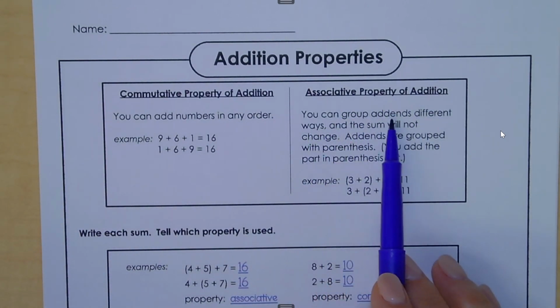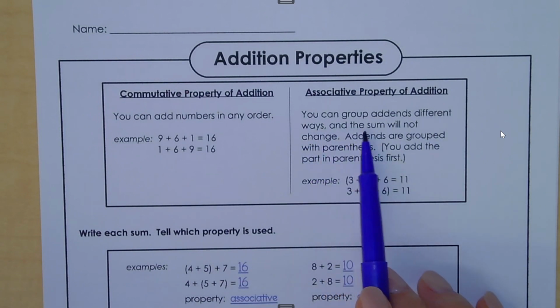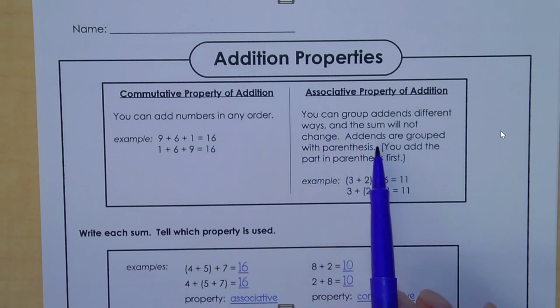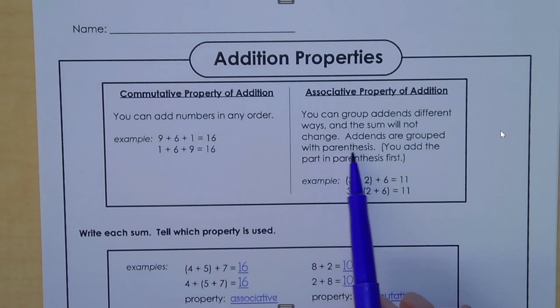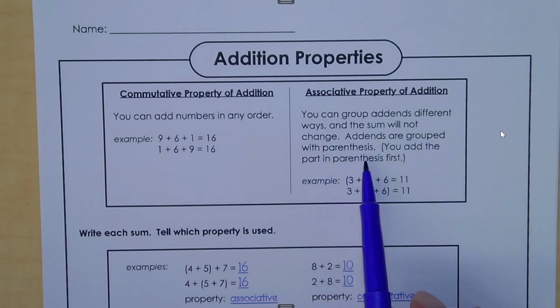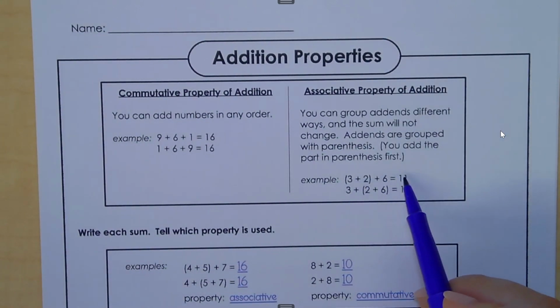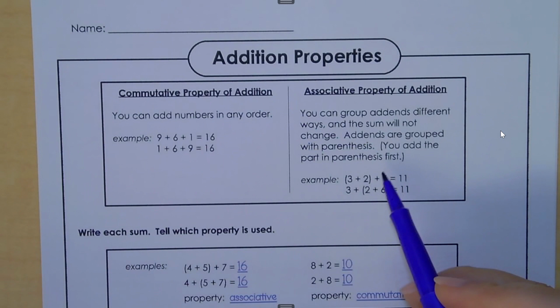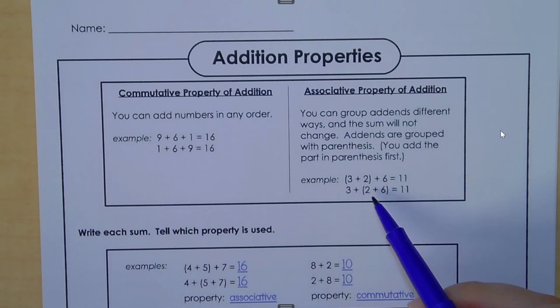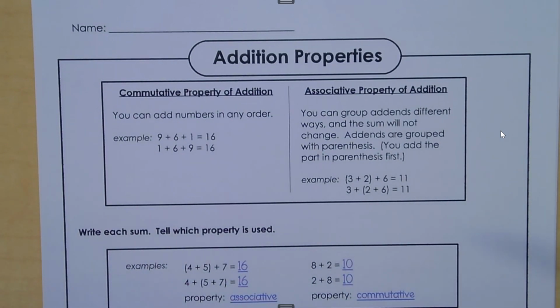You can group addends different ways, and the sum will not change. Addends are grouped with parentheses. You add the part in the parentheses first, but the sum is still not going to change. So 3 plus 2 plus 6 equals 11. But if I move the parentheses here and I add the 2 plus 6 first, then the 3, it's still going to equal 11.